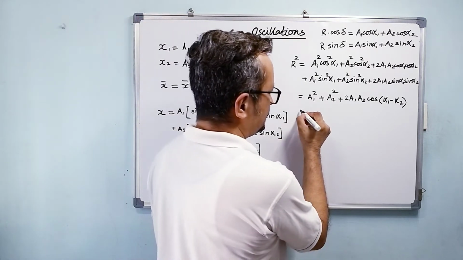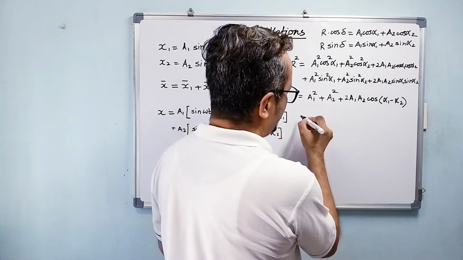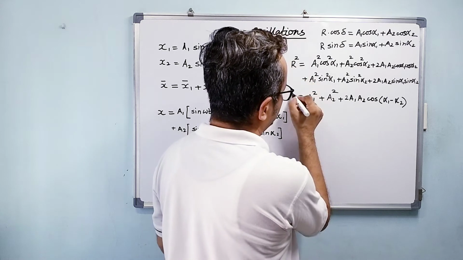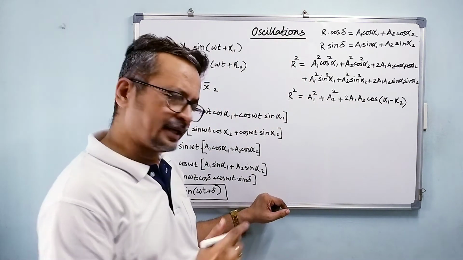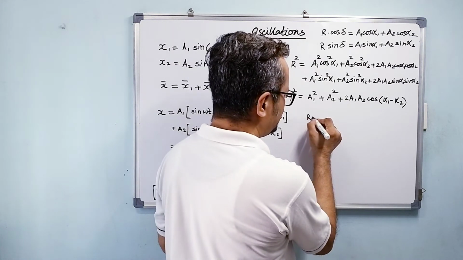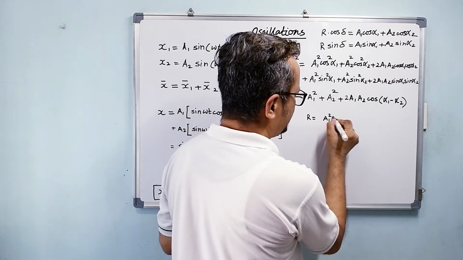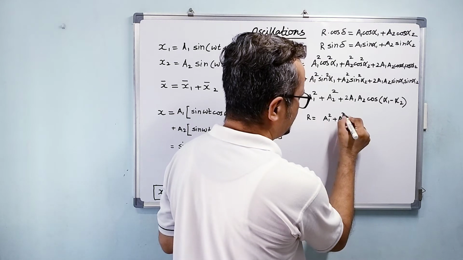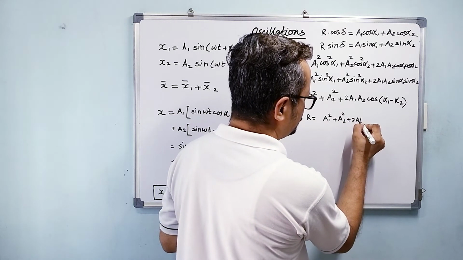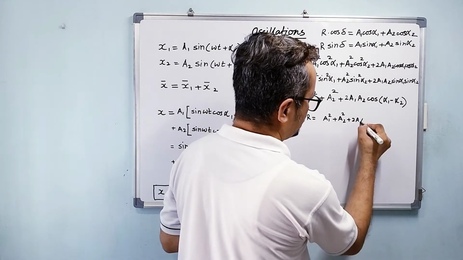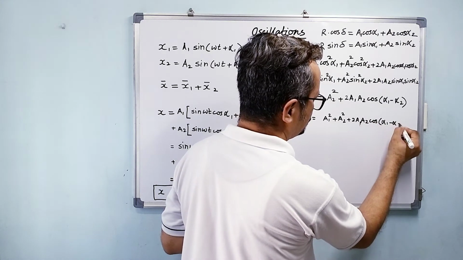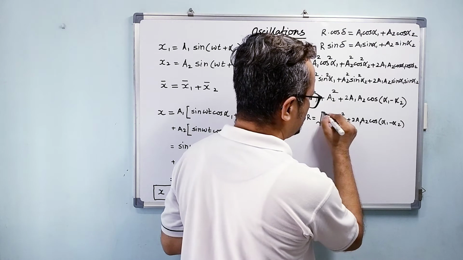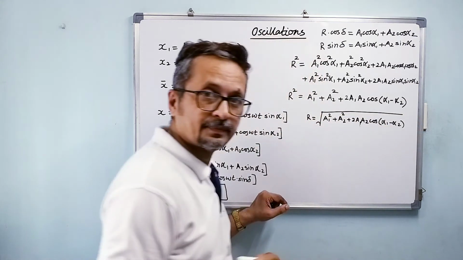And then that makes my r square equal to so much. Correct? So my r is equal to the square root of a1 square plus a2 square plus 2a1 a2 cos of alpha 1 minus alpha 2.